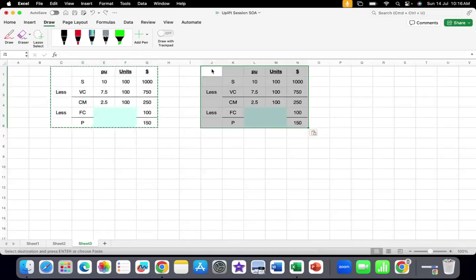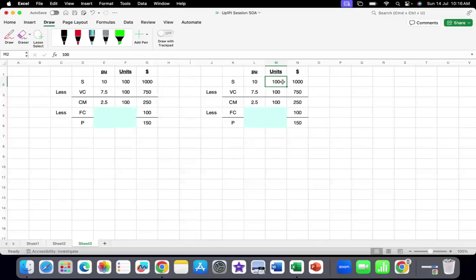So if I am telling you, for example, the break even units you have calculated is say 75. Let's assume that you've done an answer for it, and 75 is your break even answer. Cool. You did a formula, you calculated something, and you got an answer of 75. What you do is you just put it here.